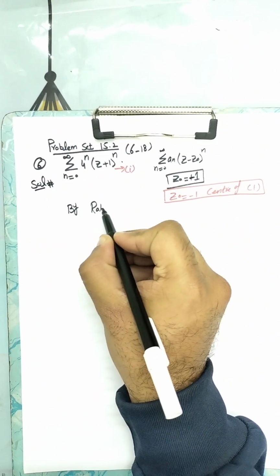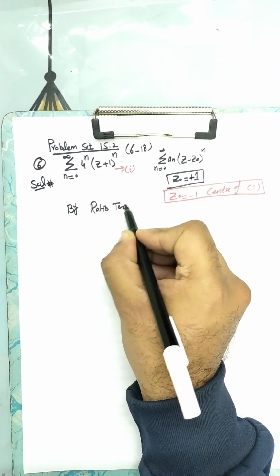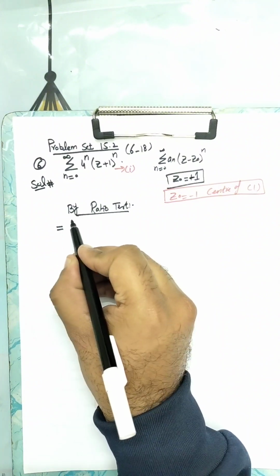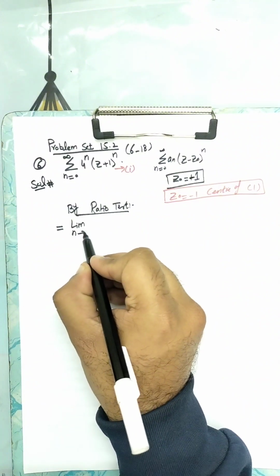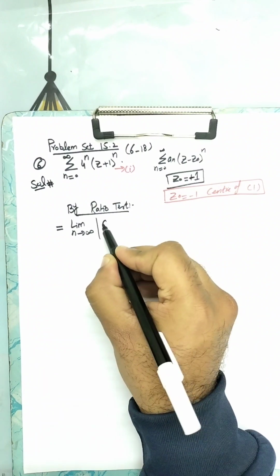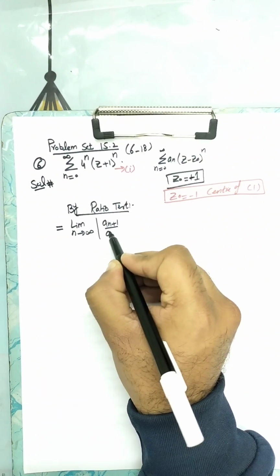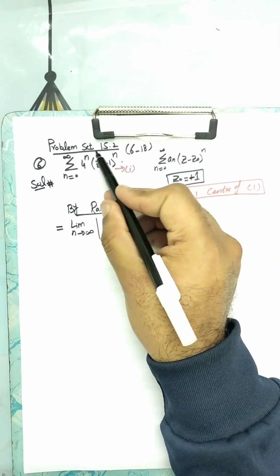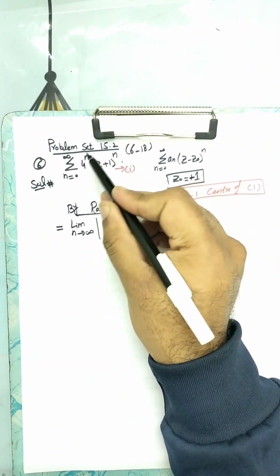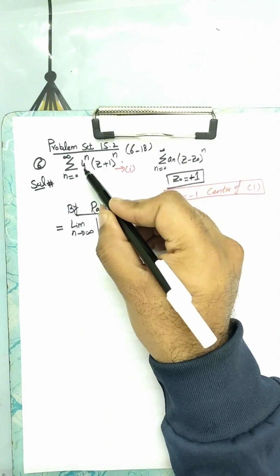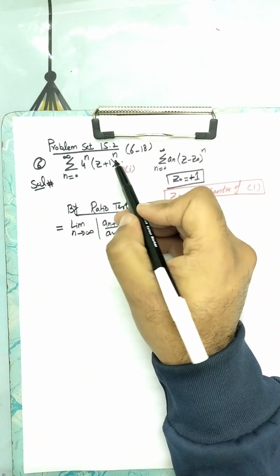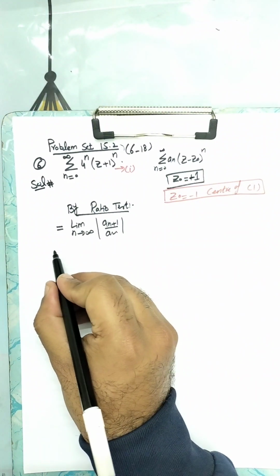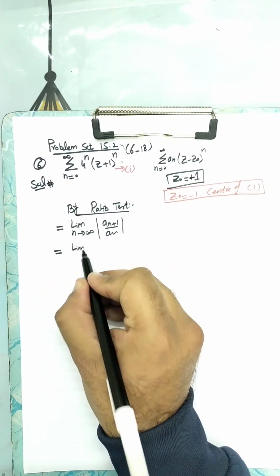How to apply the Cauchy ratio test here? This is the limit as n approaches infinity of a_(n+1) over a_n. Here we include the whole term a_n and a_(n+1), not just the coefficient. So this is the modification.